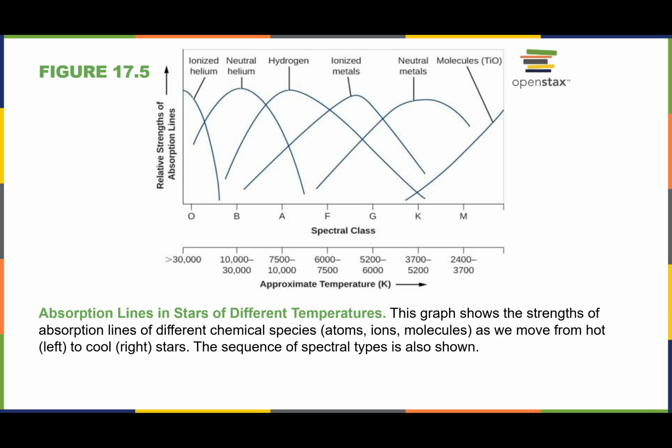So, a very busy slide, but amidst it you see the O, B, A, F, G, K, M. Which one's the hottest? O is the hottest. Yep. M is the coolest.